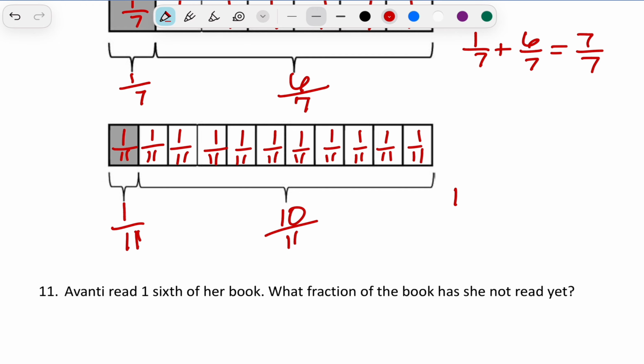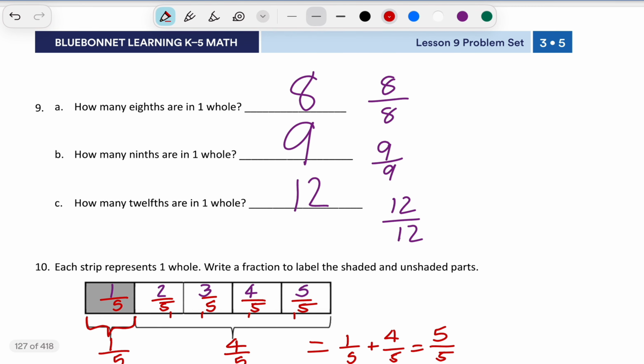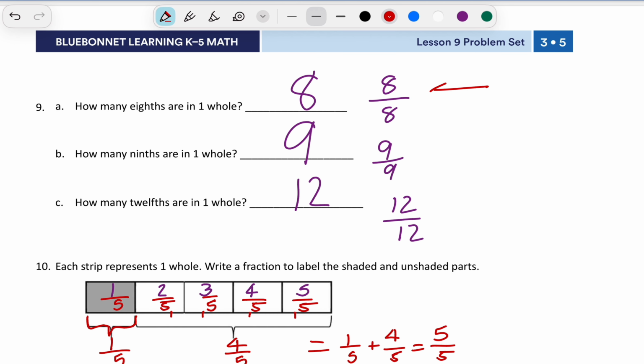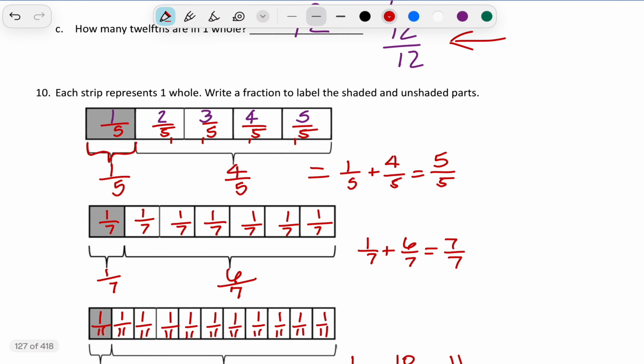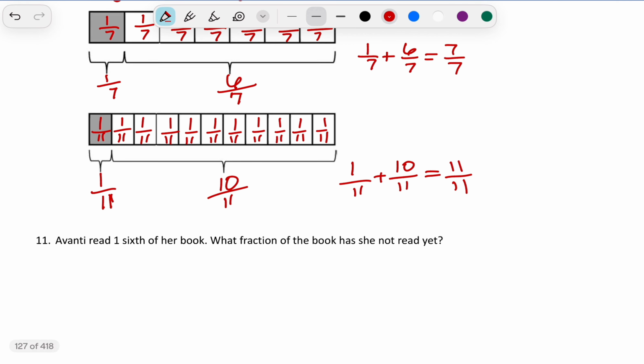Why? Because if I add 1/11th plus 10/11ths, I get 1 whole of 11/11ths. That's why this up here was super simple, to show you what the wholes look like. These are all 1 whole. I just did simple addition to find my 1 whole of the shaded and non-shaded parts.